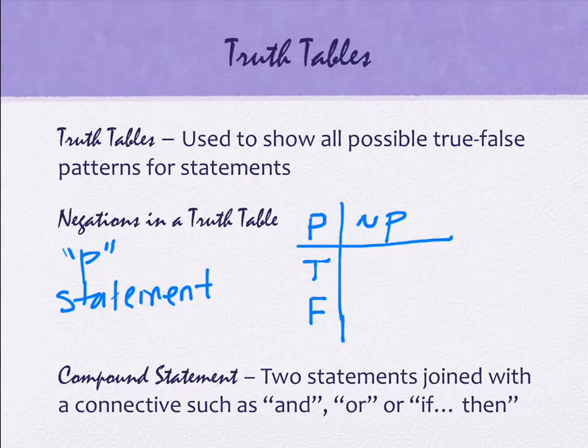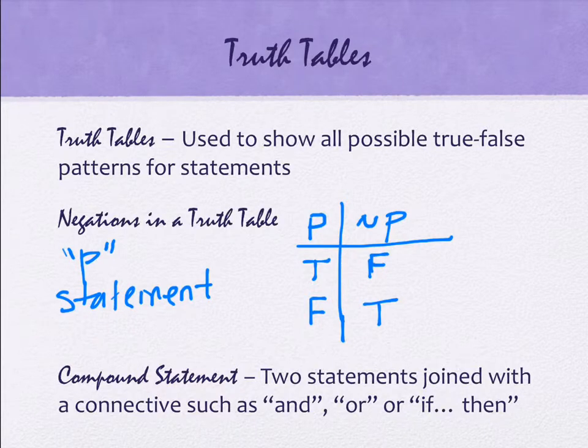So a statement has two choices: it's either true or it's false. Now, if your original statement is true, what would the negation be? False. And if your original statement is false, then the negation would be true. So this is a truth table showing negations.